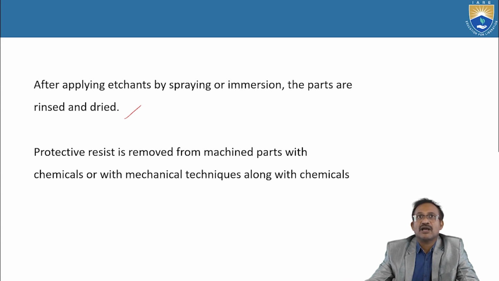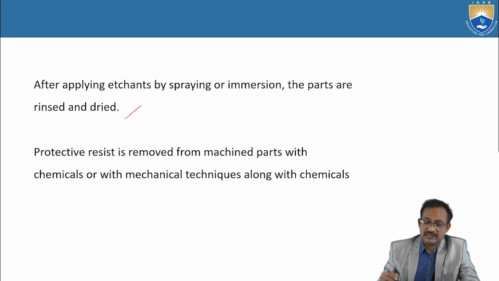Usually when we apply chemicals, after the completion of the process, we have to remove all those chemicals by rinsing, and after that we have to dry. Next, the protective resist is removed from machine parts with chemicals or with mechanical techniques along with chemicals.